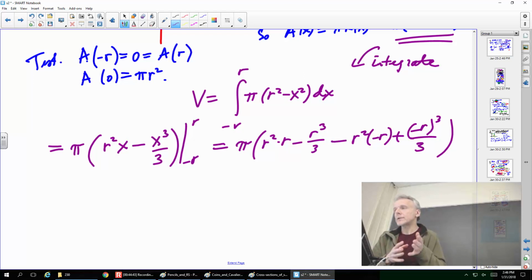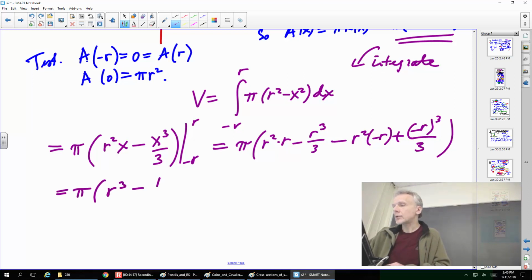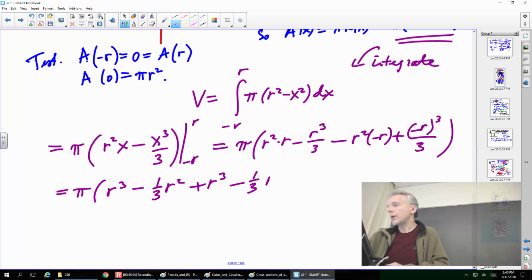So I substitute r first by the fundamental theorem, naturally, and then I substitute negative r. It will be all r cubes. So it will be pi times (r cubed minus 1/3 r cubed plus r cubed minus 1/3 r cubed). Altogether, what do I have? This is a cube again.